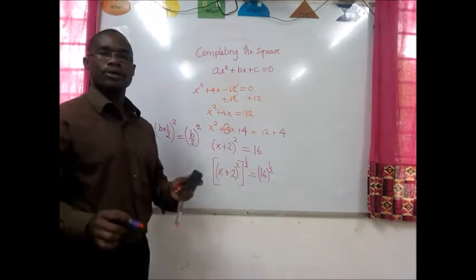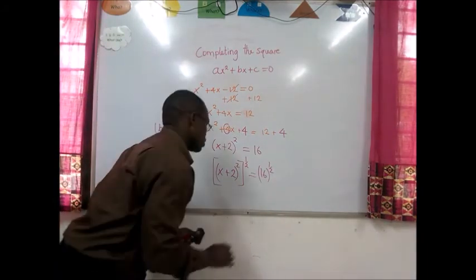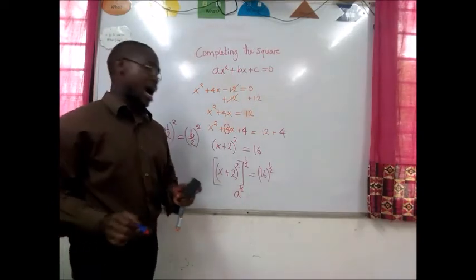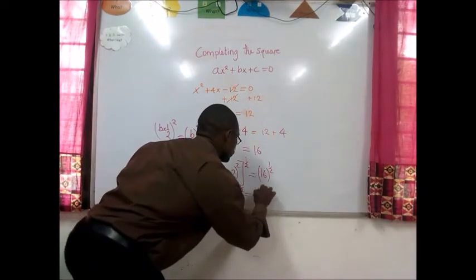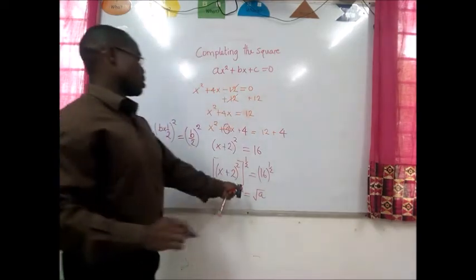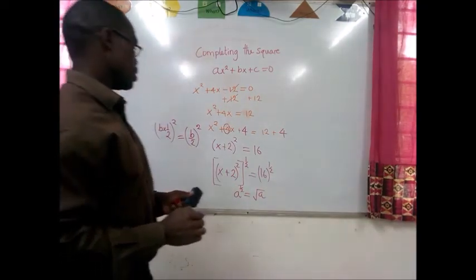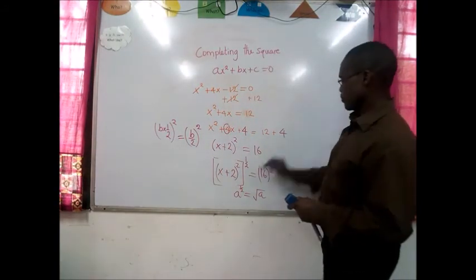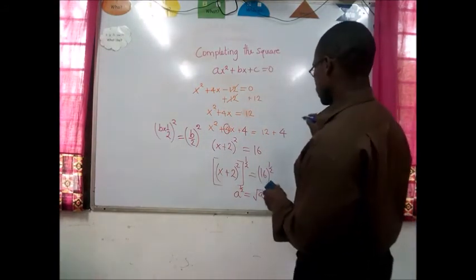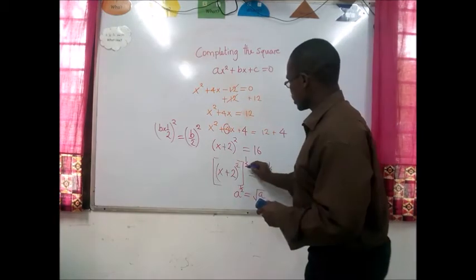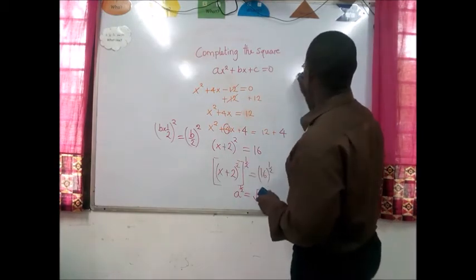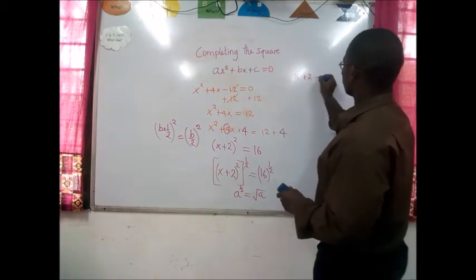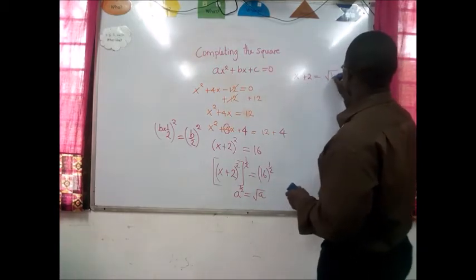If you remember your algebra teacher says any number to the power half is equal to its square root. So now we apply that. This cancels and this cancels, so we remain with x plus 2 is equal to root 16.